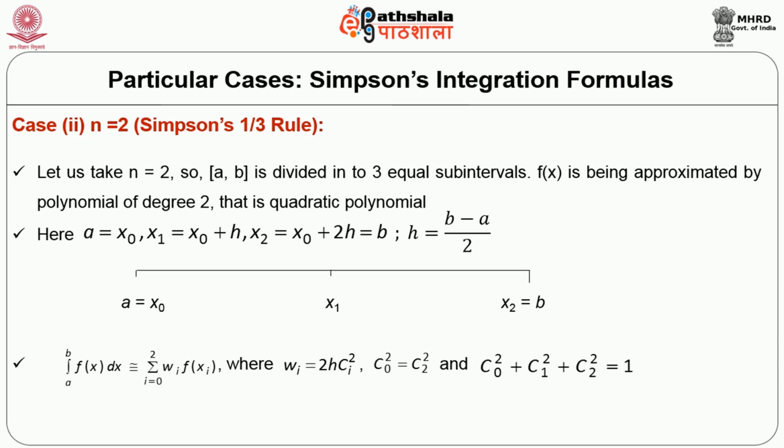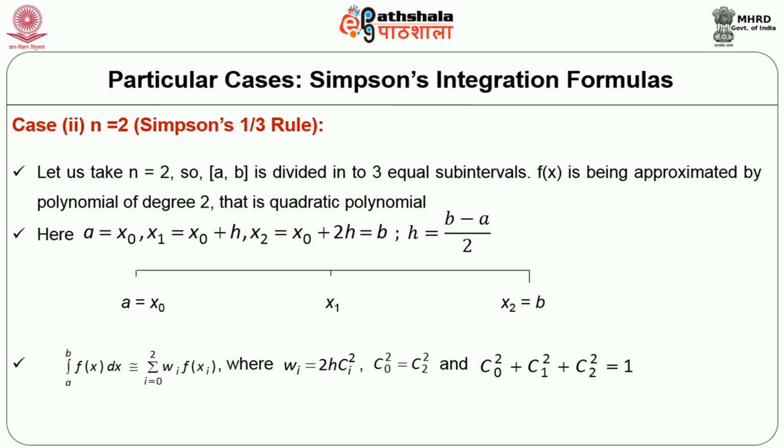So the formula which we have developed just now, let us apply that formula. So integral a to b f(x) dx is approximated now by sigma i equal to 0 to 2 wi f(xi). And now this weight wi is given by nh NCI, n is 2 now, so it is 2h 2Ci. i runs from 0 to 2, i is 0, 1 and 2.